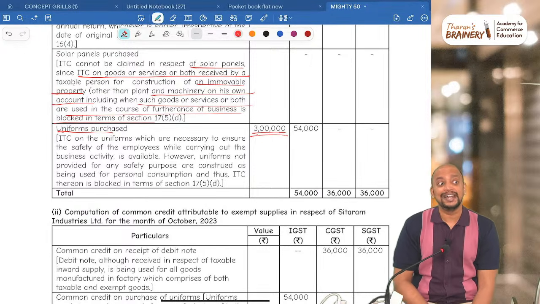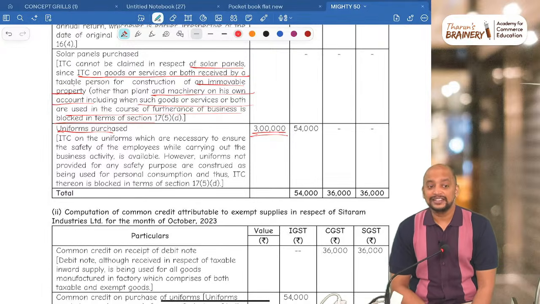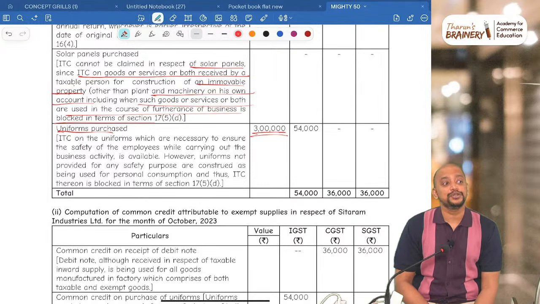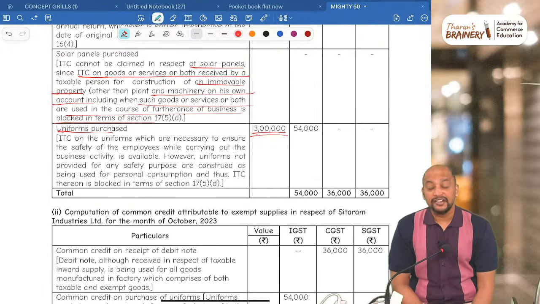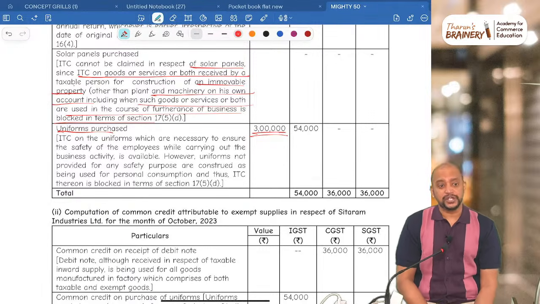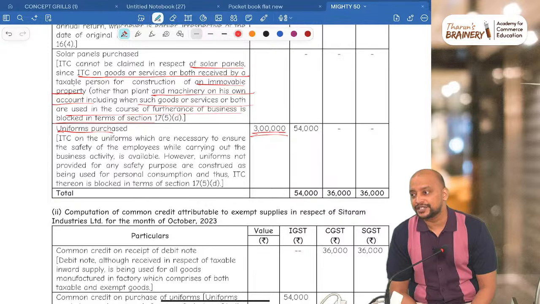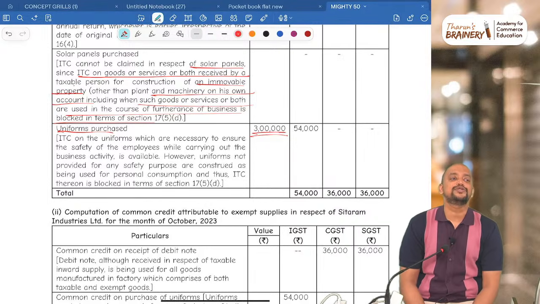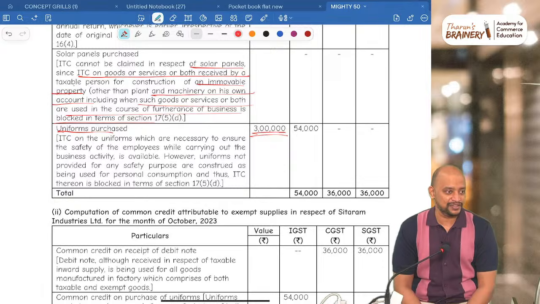Because if they are mandating that everyone should wear it, then automatically it will come under the uniform category. So therefore they can take ITC. Whereas if it is optional, if you want you wear, otherwise not required, then it is not coming under the uniform category, it will come under purchased goods distributed as gifts or free samples. They cannot enjoy the ITC with respect to this.